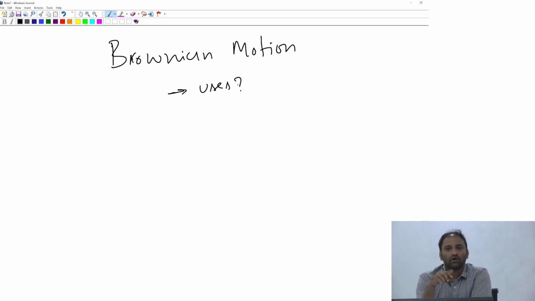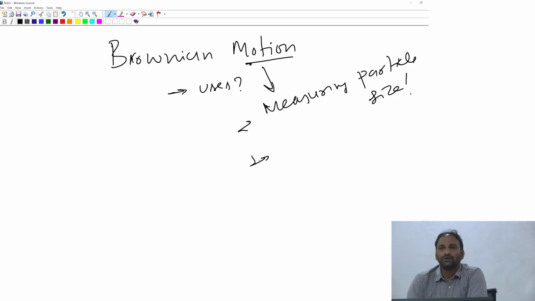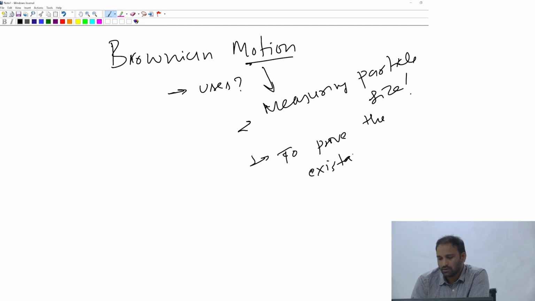It turns out that the concept of Brownian motion was really useful. You can use it for actually measuring particle size, number one. Number two, people have also used Brownian motion to prove the existence of atoms and molecules.